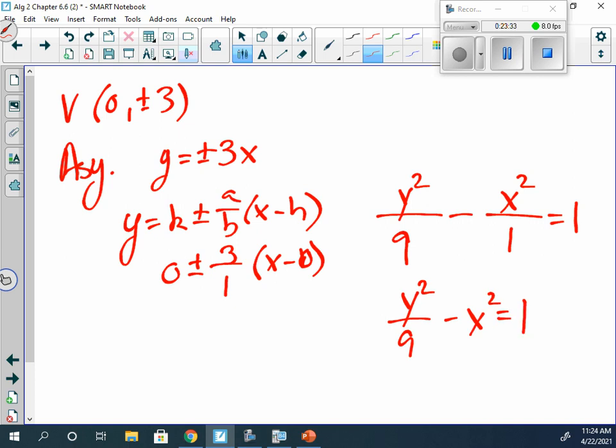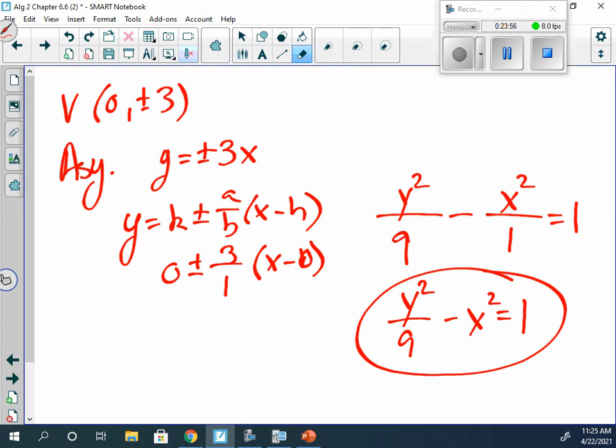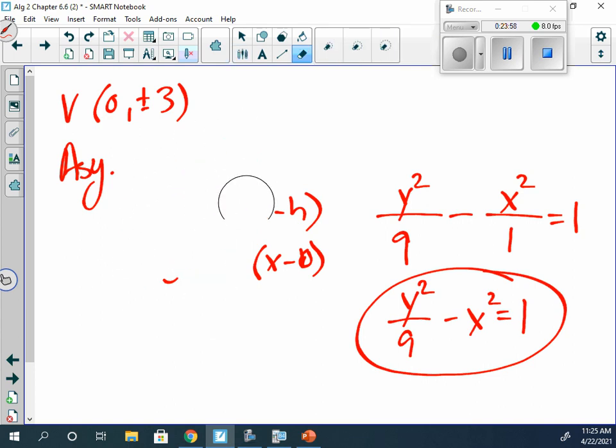And this here should be our equation. Yep. Questions on this here? We can do another one. We'll do another one. This isn't the only one that we'll do.